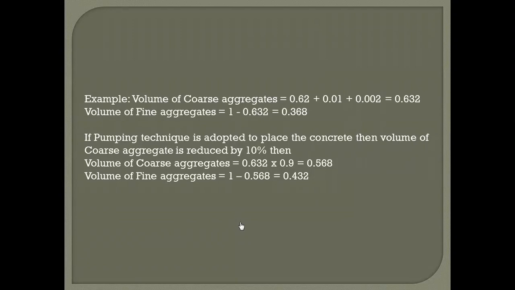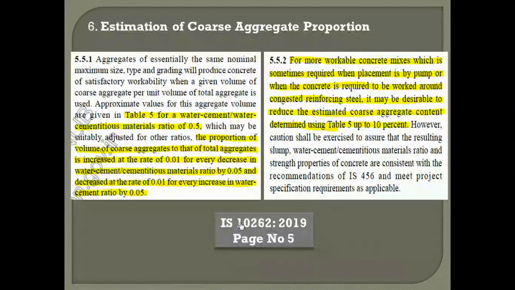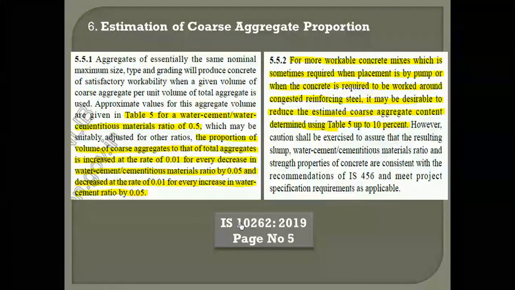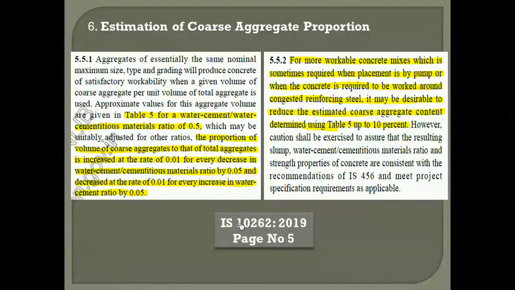For example, if we are assuming a pumping technique while placing the concrete, and there is congestion in the reinforcement so that the aggregate cannot pass through the reinforcement cage, then we have to reduce the volume of coarse aggregate by 10%. It is given in the code itself, in clause 5.5.2 for Table 5.